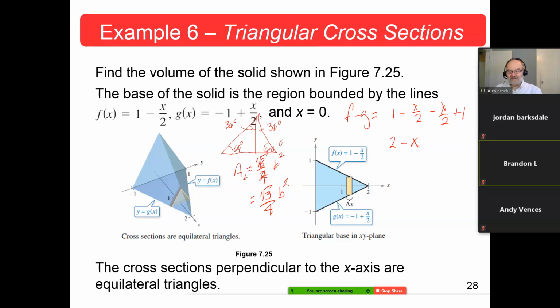That's pretty amazing, isn't it? You wouldn't think it would be that simple. But when x is 0, certainly that length is going to be 2. And when x is 2, that length is going to be 0. So, yep, that looks like it.